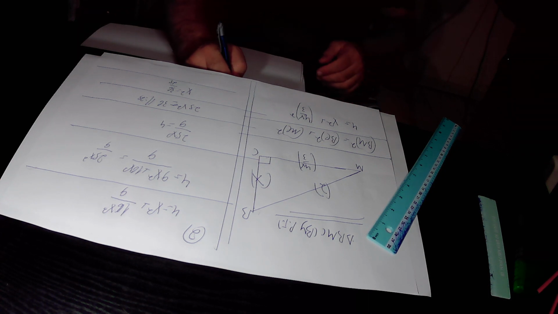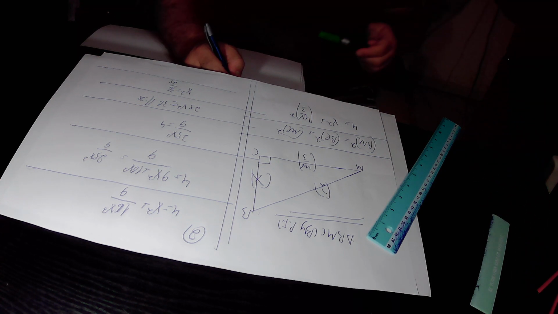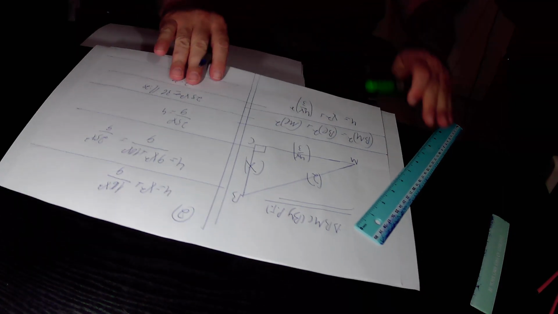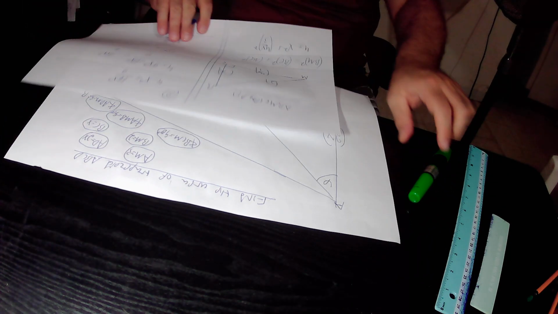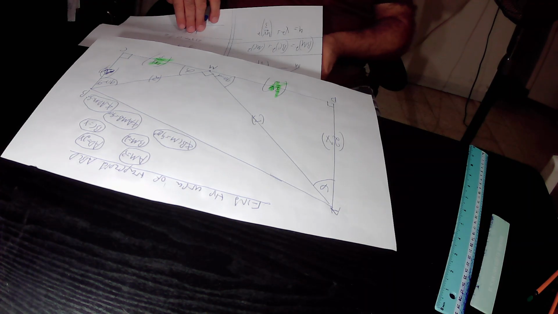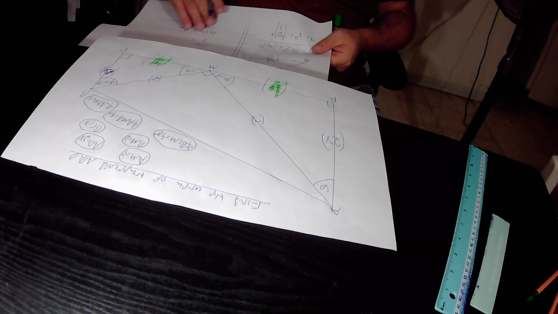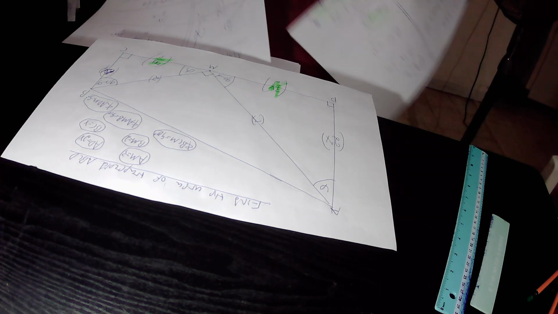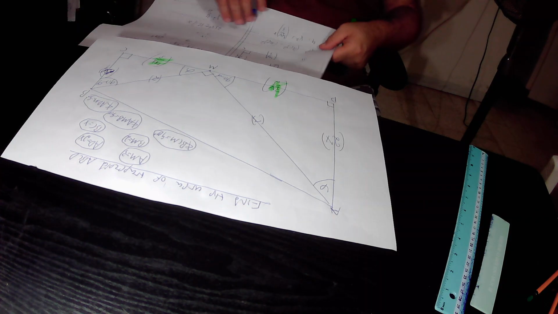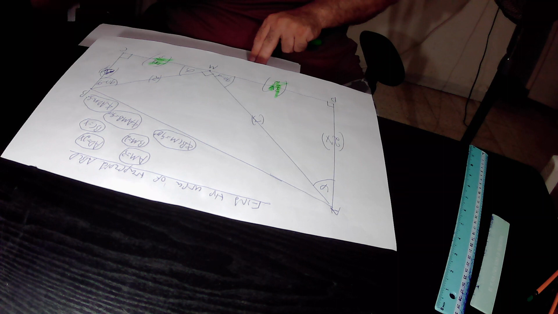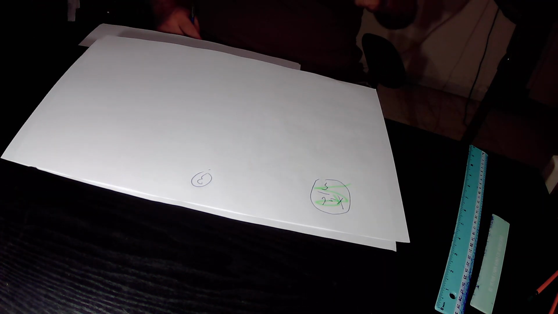So in total, x equals 6 fifths units in length.